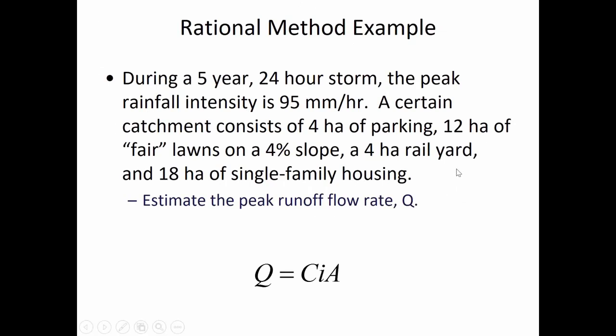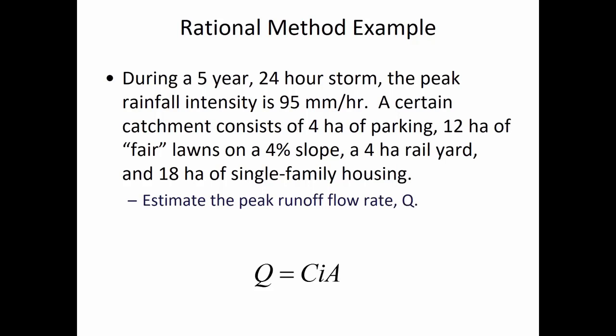Okay, so we want to have Q equals CIA tell us the flow rate in terms of cubic meters per second. Rather than calculate this intensity in meters per second, I'll say that 95 millimeters per hour is 0.095 meters per hour.